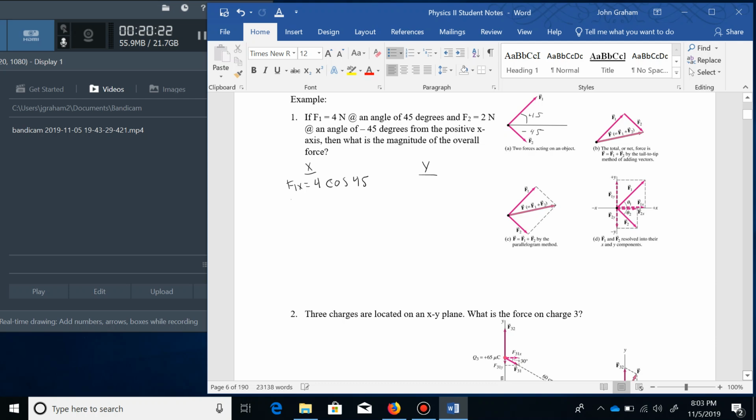Our f2x equals 2 cosine negative 45. And then for y's, f1y equals 4 sine 45, and f2y equals 2 sine negative 45.